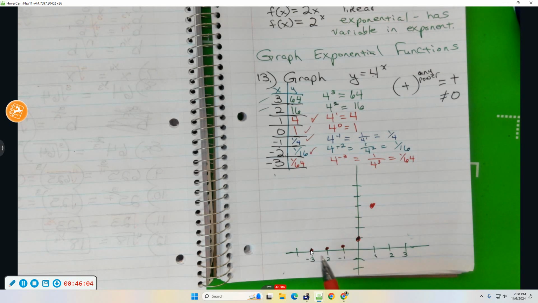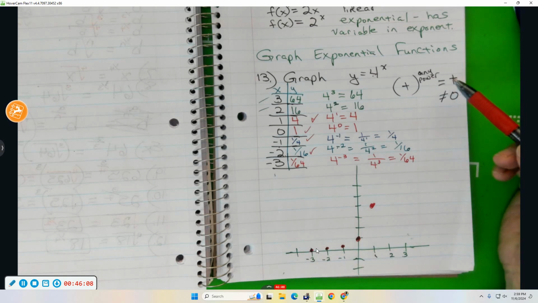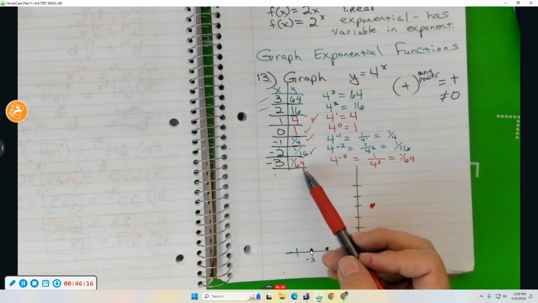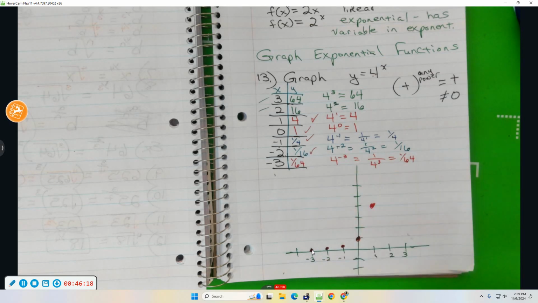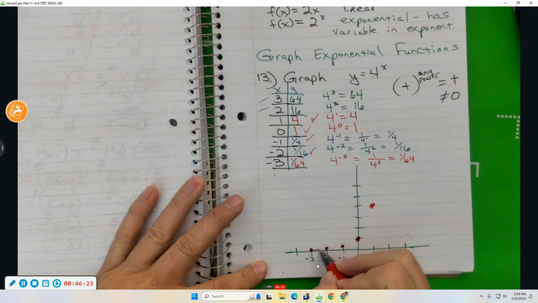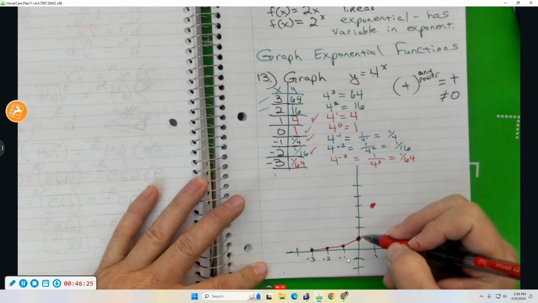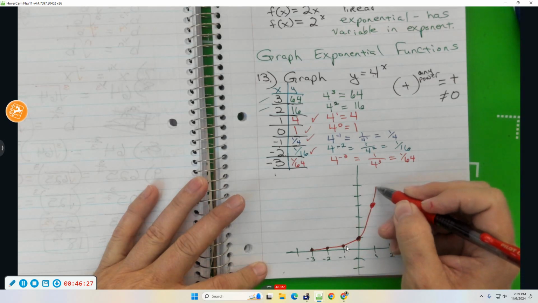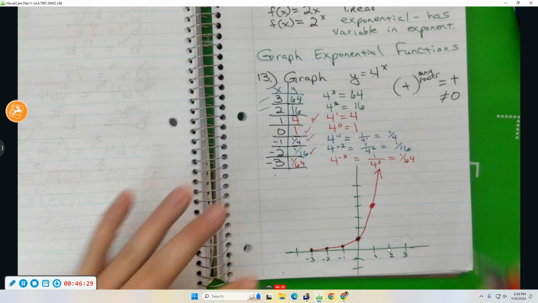Now, it can't pass through because we said there can't be a negative y value. A positive number to any power is always going to be positive. And it's not going to equal 0. Now, these y coordinates are extremely close to 0, but they're not exactly equal to 0. So, there's the graph.